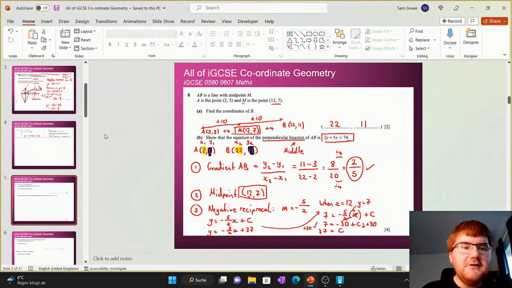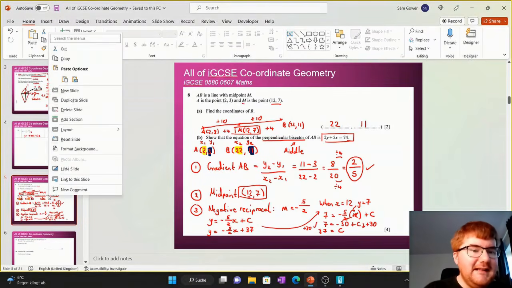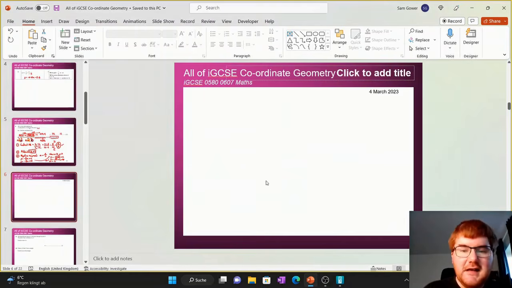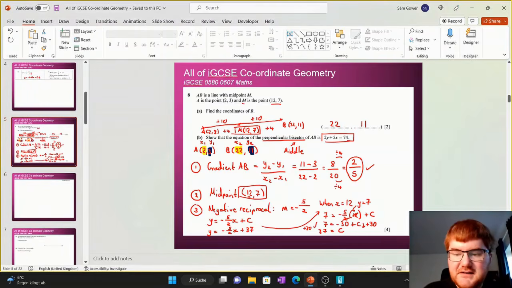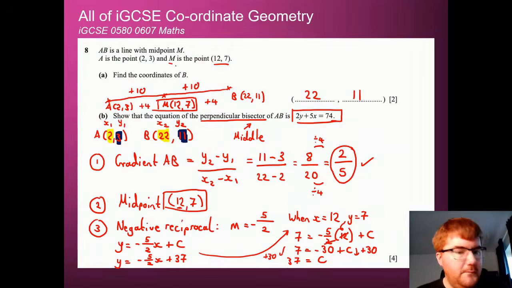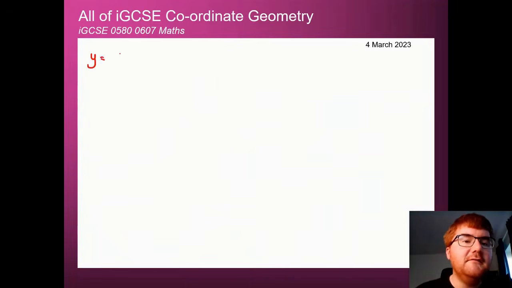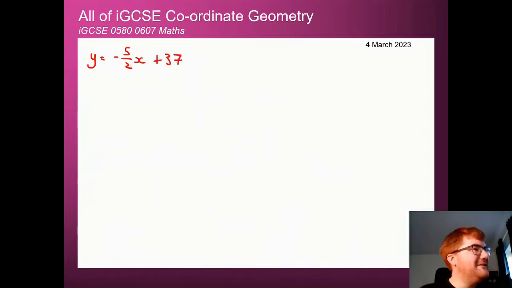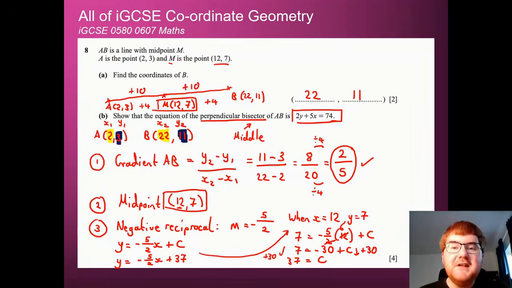So let's create a little bit of room for ourselves so we've got plenty of space to do this. So I'm just going to copy this across. So minus y equals minus 5/2x plus 37. Again, I like to call this massaging, just massaging it so we get it looking like the box here.